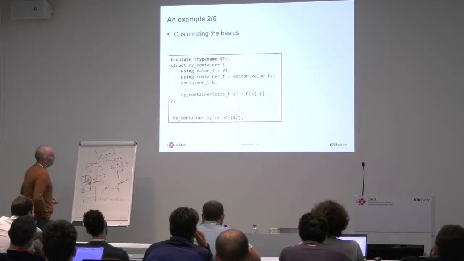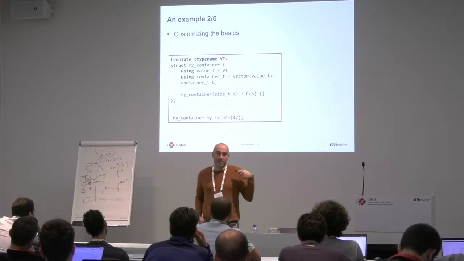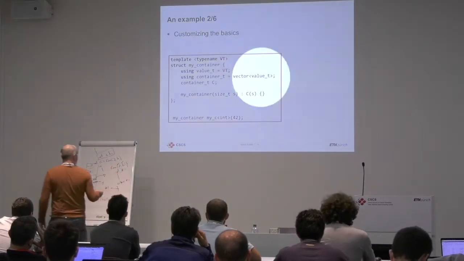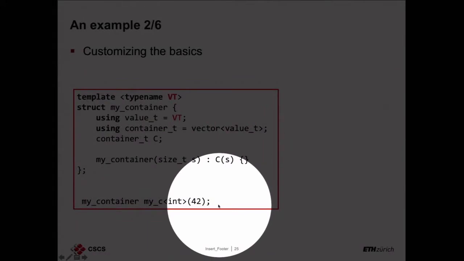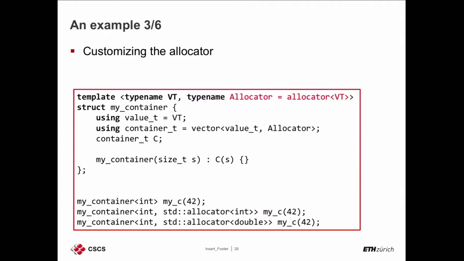But now I can say, well, why should I restrain myself to integer, right? Why can't I simply say whatever type you want, and then I can say, okay, my container of integer 42. And now the resulting code is exactly the same as before, but we'll instantiate something with an integer type. And now the vector actually is not just a vector. It contains allocators, right?